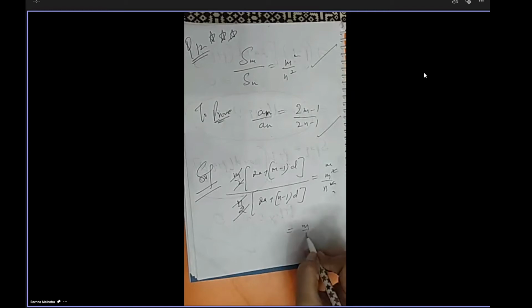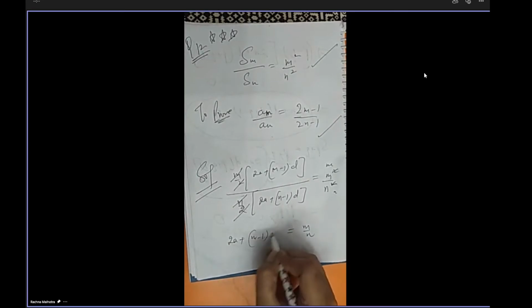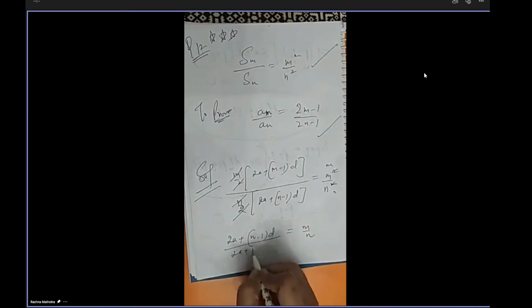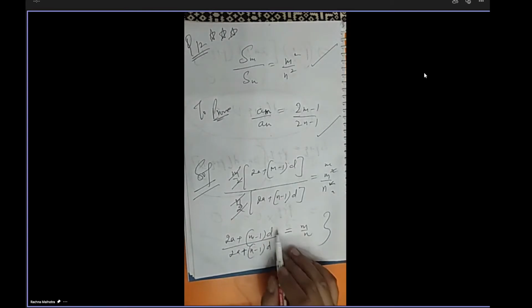So this is m by n, 2a plus m minus 1 d upon 2a plus n minus 1 d. Now any suggestion? Cross multiplication. We don't have any other options, we can also cross multiply because we can't do anything else here.